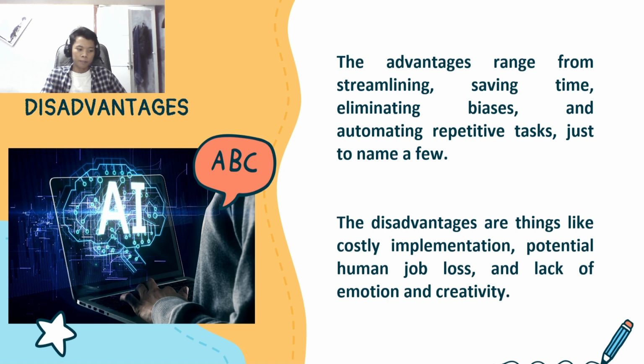For example, if your friend is using AI and asking about the present tense, it's going to be repetitive: subject plus verb one plus object.